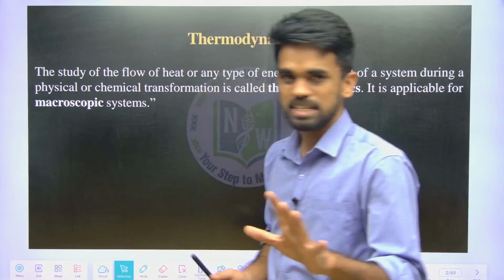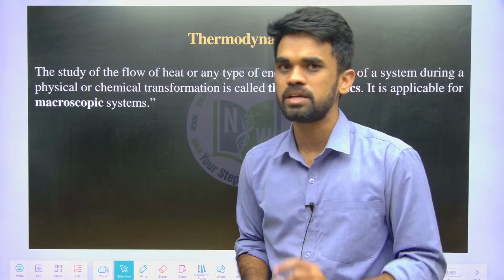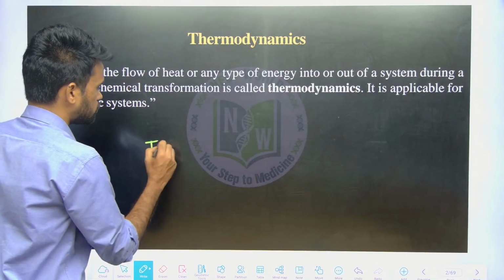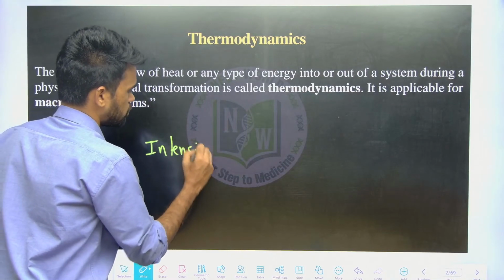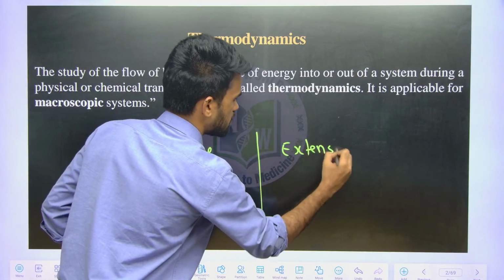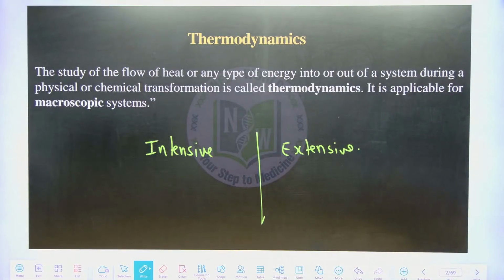Simple. Once again I want to repeat them because those are important properties to be remembered. These are the two words I gave in the last class. So let me explain that.